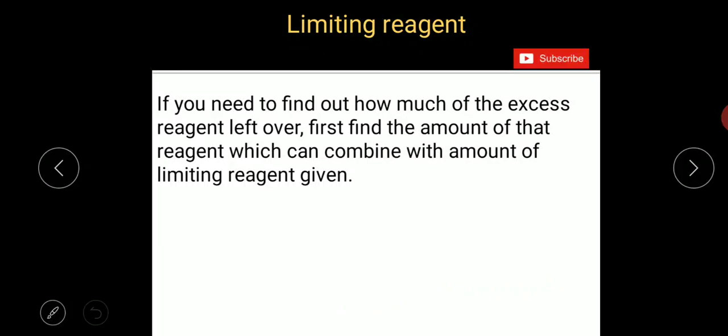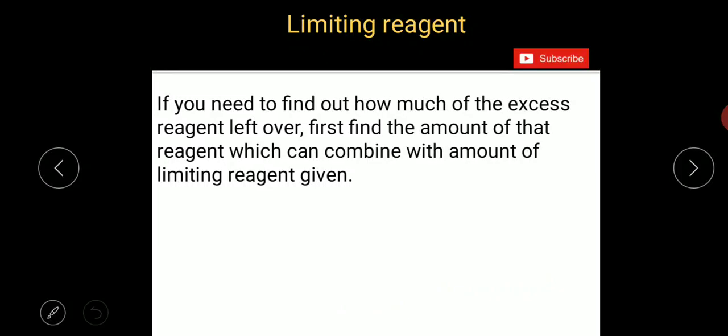If we need to find out how much of the excess reagent is left over: one of the reagents is the limiting reagent, and the other reagent will be the excess reagent. Excess reagent won't be consumed completely, so some amount of excess reagent will be left over after the completion of the reaction. So how much of this is left over?